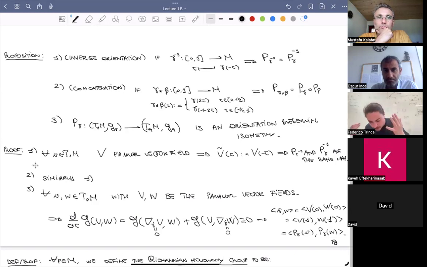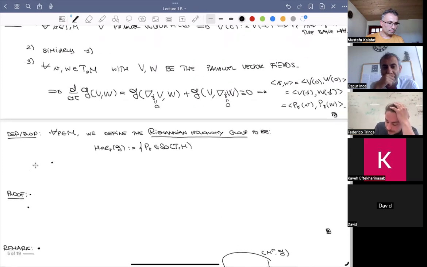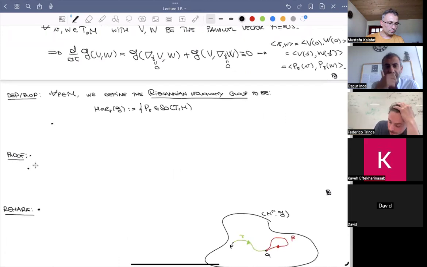Now, given all these properties of this parallel transport map, we can define the Riemannian holonomy group. The Riemannian holonomy group is, as you could imagine, defined as the group given by P_gamma, where P_gamma is an element of SO(T_pM), and this was proven by this set of propositions here, and gamma is a loop at p.